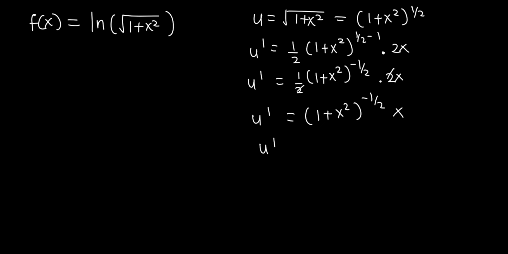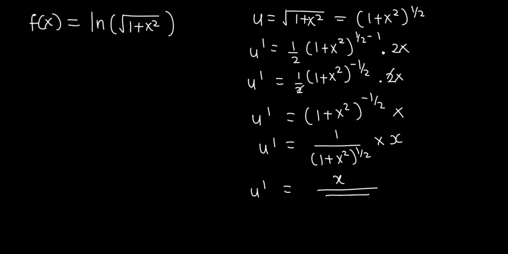So we are going to have u prime equal to 1 over (1 plus x squared) to the power half, times x. So I'm going to have u prime equal to x over the square root of 1 plus x squared. I rewrote what we have here in this form, so let's not let that confuse you.